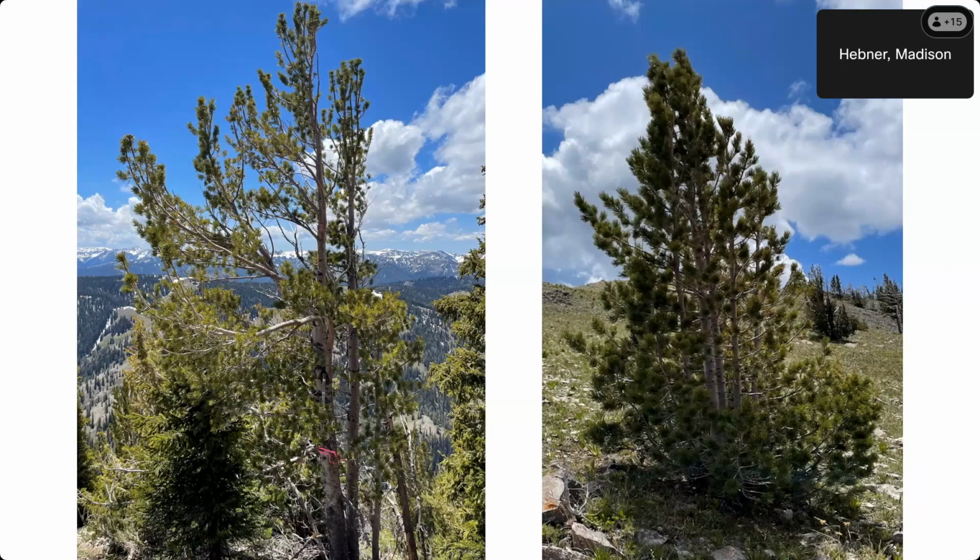Thanks to work by Dr. Lavin and Dr. Hansen, who have been mentioned a bit up until this point, they created a relatively simple and economical method to determine if a tree is genetically a whitebark pine or a limber pine, which I'll loop back to a little bit later in this talk.